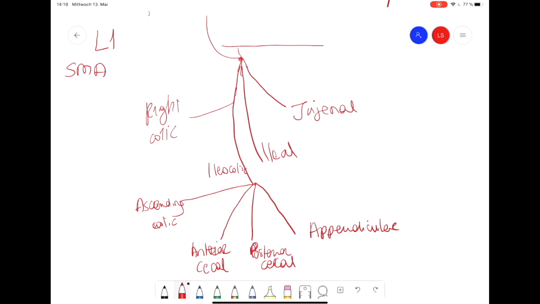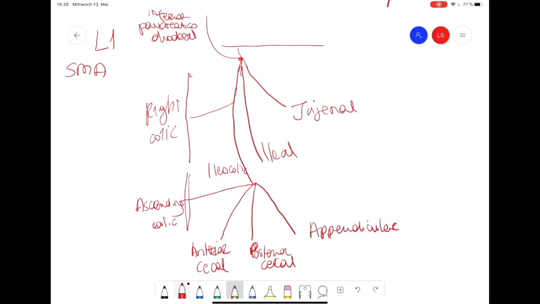And also we have the inferior pancreaticoduodenal branches. The right colic will provide a blood supply to the ascending colon as well as the ascending colic.